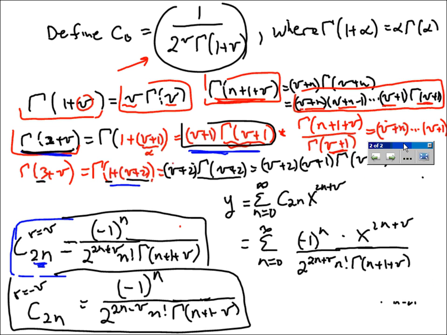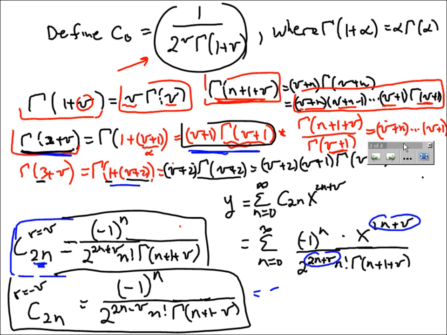Now remember, if you have a to the c and you divide it by b to the c, you can divide the a and the b first and raise it to the common exponent c. Now, you have x to that, and you have 2 to that.